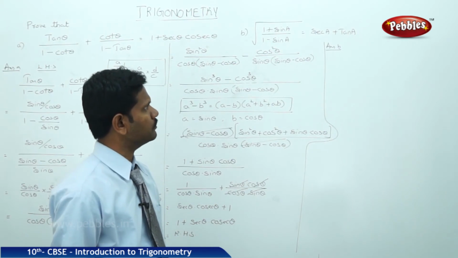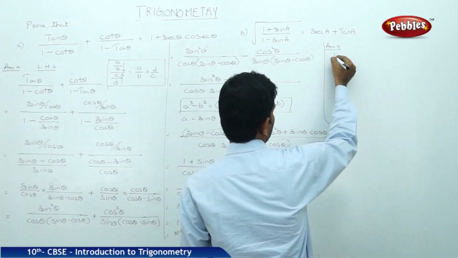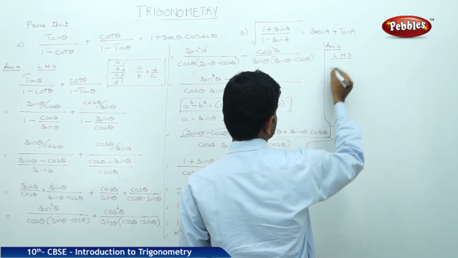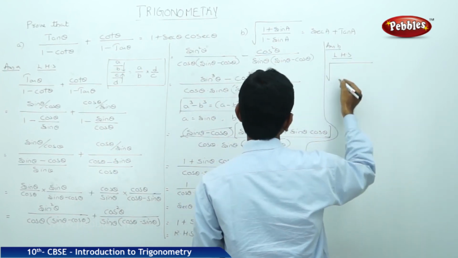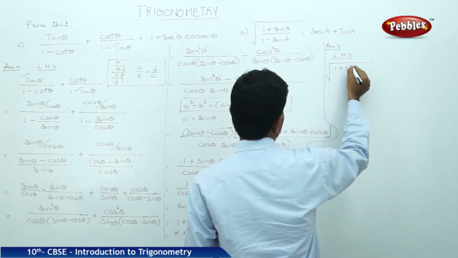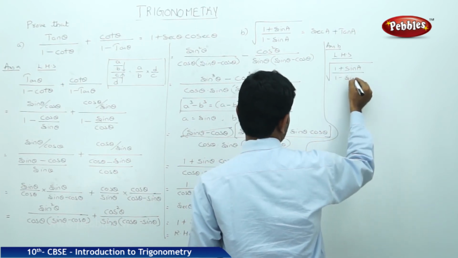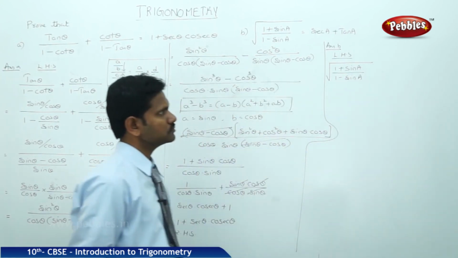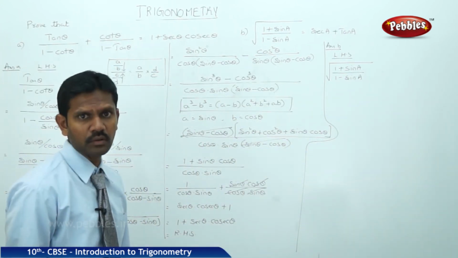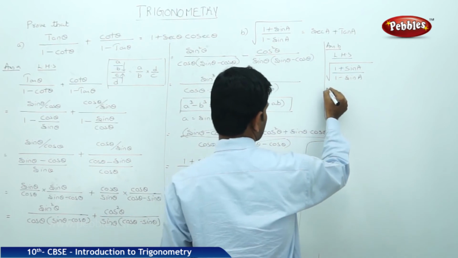See your second problem. Please consider the LHS: root over 1 plus sin A by 1 minus sin A. Now rationalize the denominator.